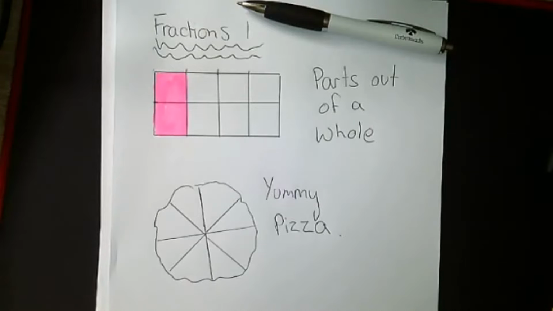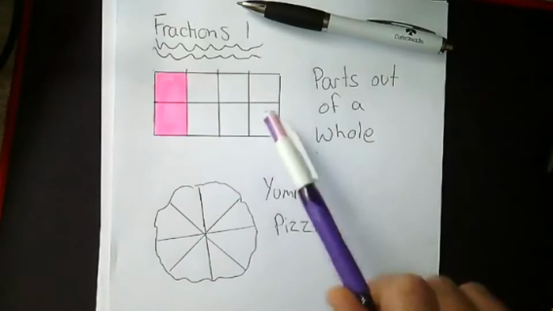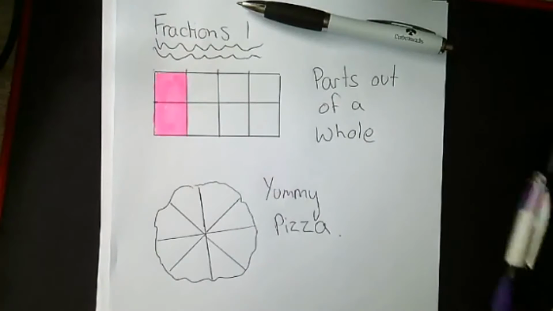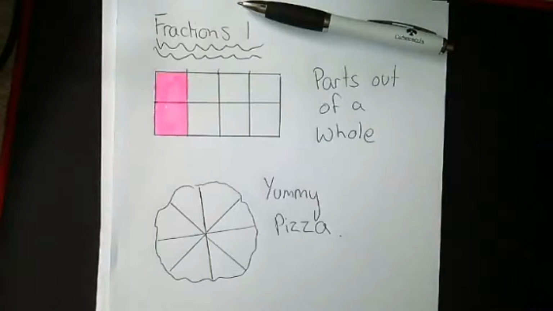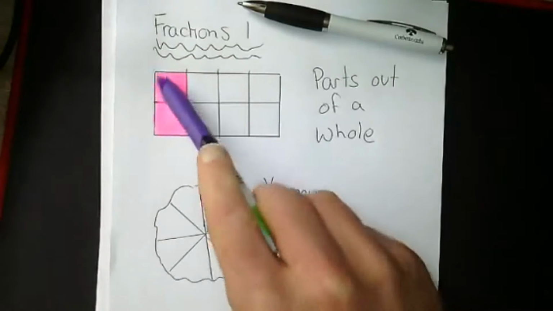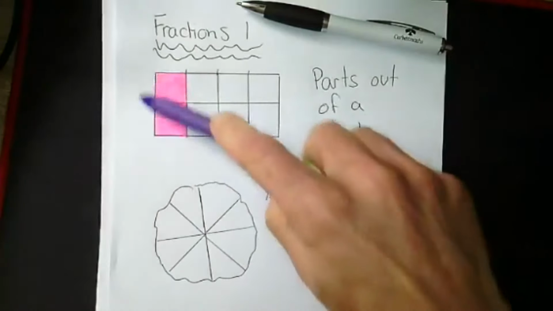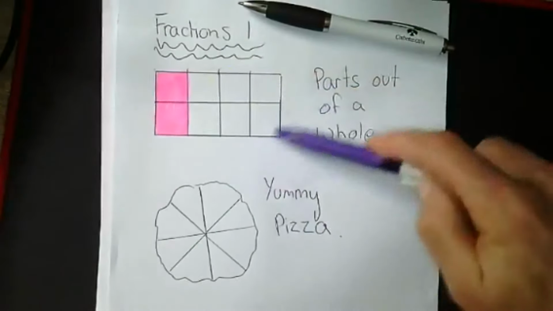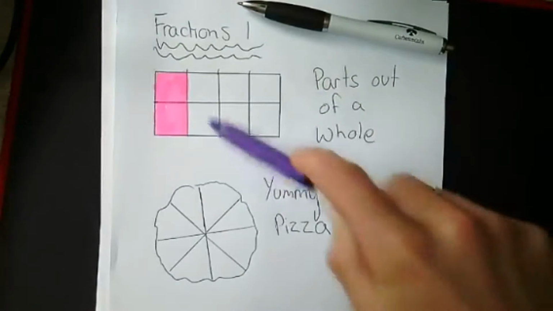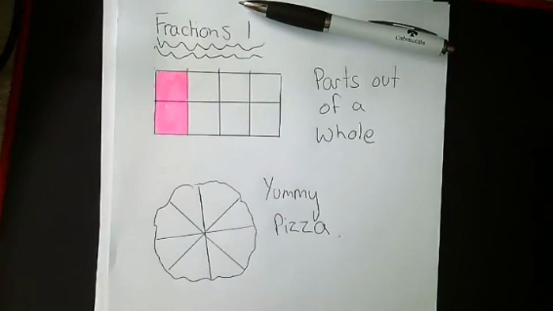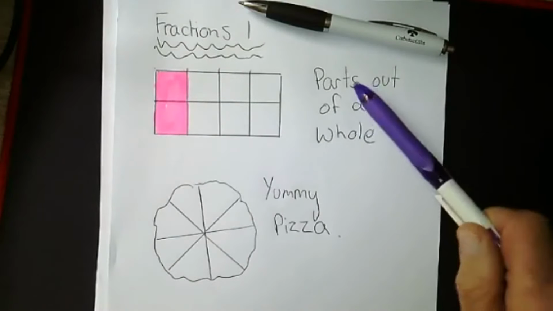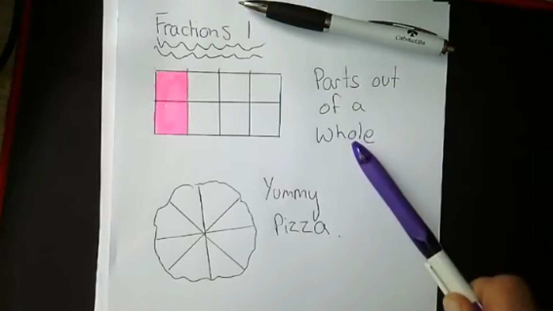We've got a diagram there which is split into sections. First of all, I want you to think about the whole of this diagram, the whole space of this diagram. We were starting off with the whole. That's the whole part. Forget the pinky bits. What fractions are is the number of parts out of a whole.